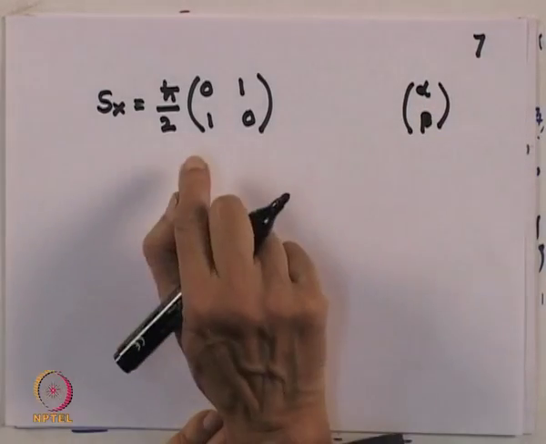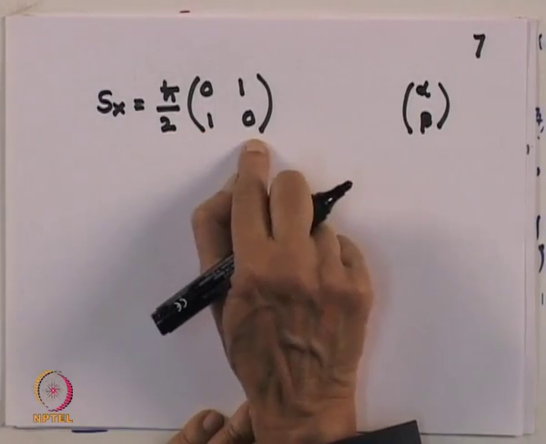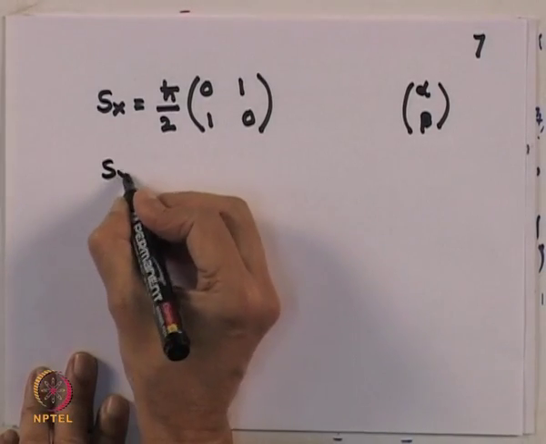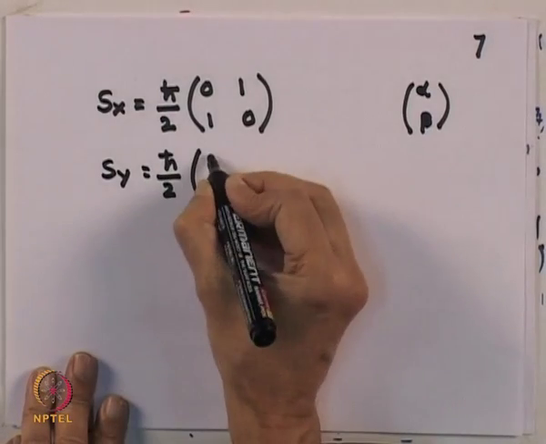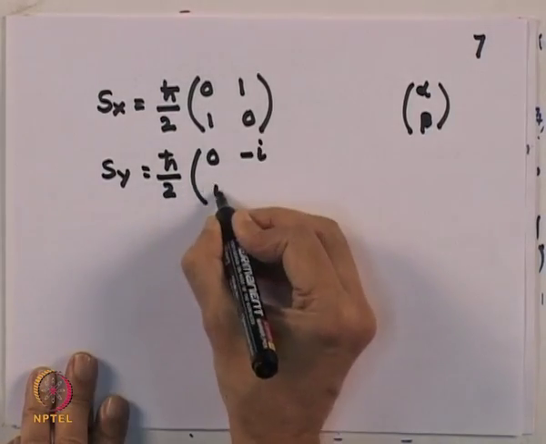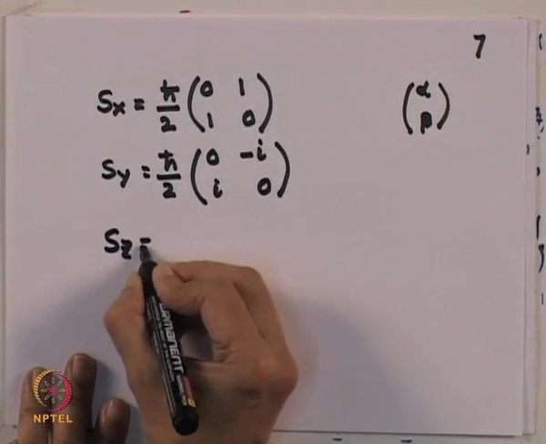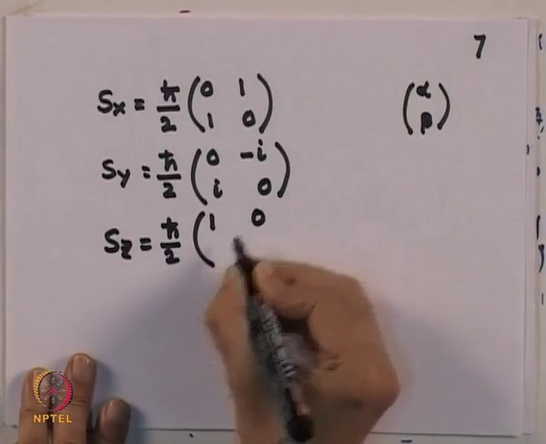So therefore, the operators which act on such a state are of this structure. Now, Sy is equal to h cross by 2, 0, minus i, i, 0. Sz is h cross by 2, 1, 0, 0, minus 1.